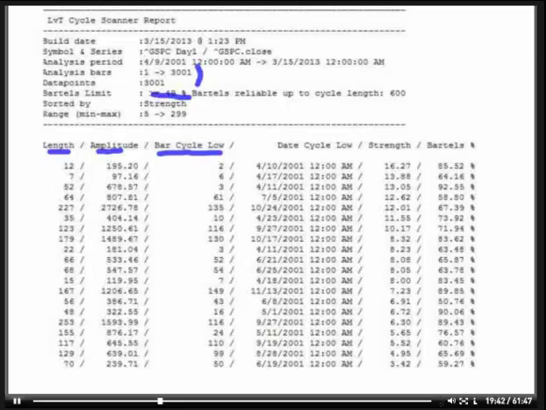So I'm not choosing where these cycles start. They actually tell me where they start based upon the bars that I have selected. Then we have a further filter by strength and also by significance, and this is where we can rank and look at the cycles that are going to be relevant for applying to our charts.